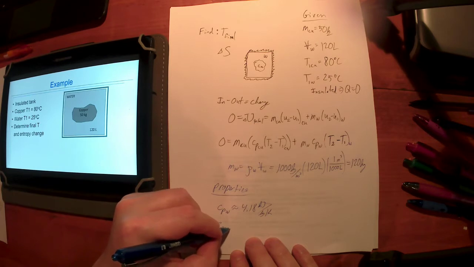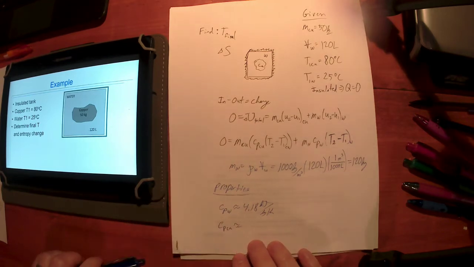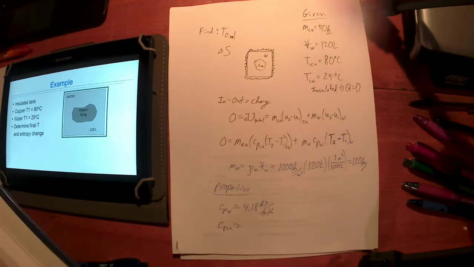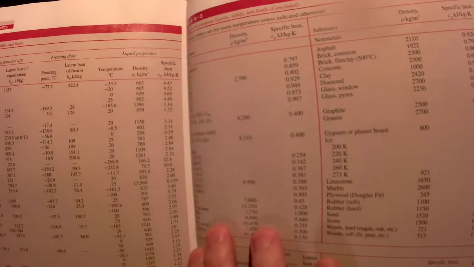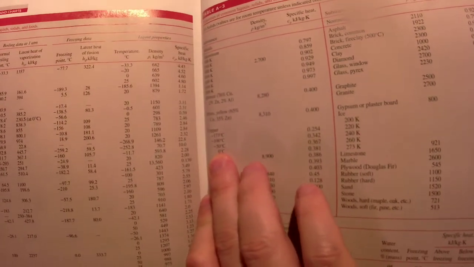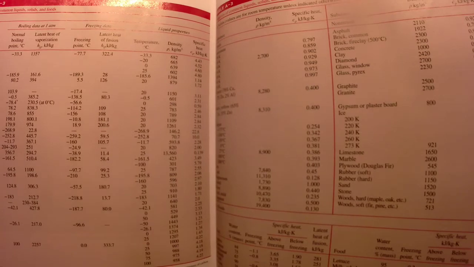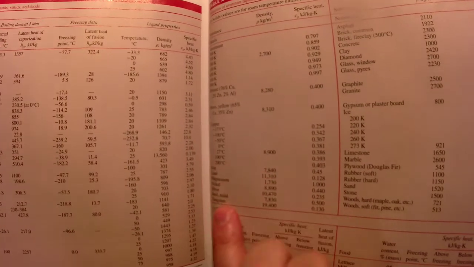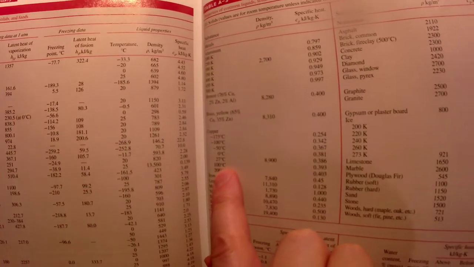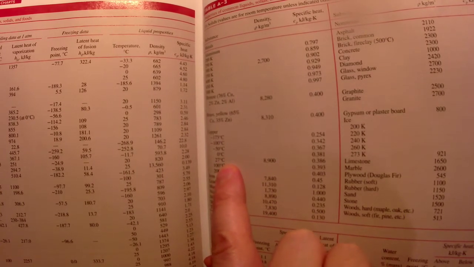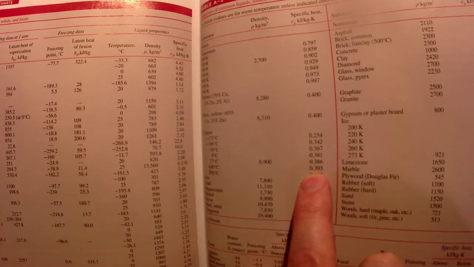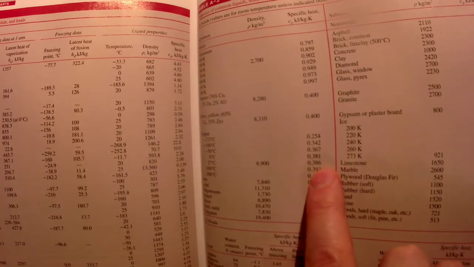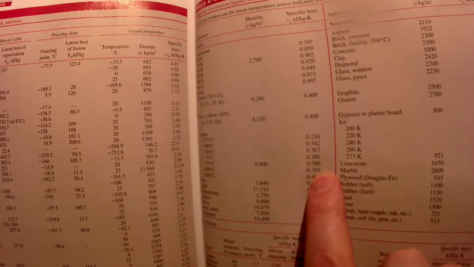C sub P for the copper might be a little trickier. Over here we've got specific heat of metals. I do have copper up here. I don't know how well you can see these, but I have copper at 100 degrees is 0.393, and at 27 degrees is 0.386. We're going to be somewhere in between those.